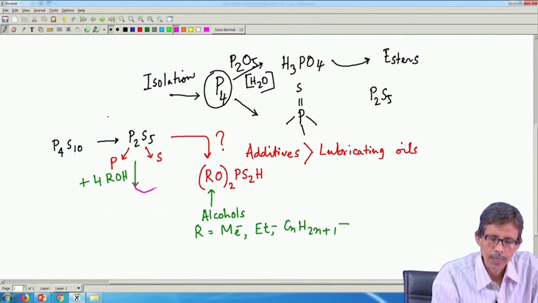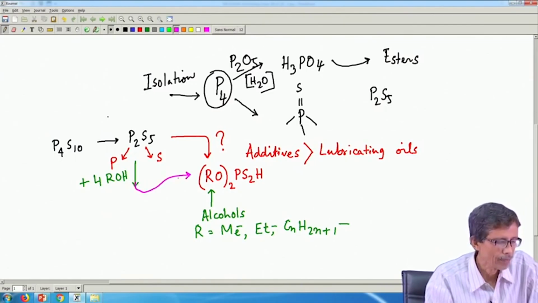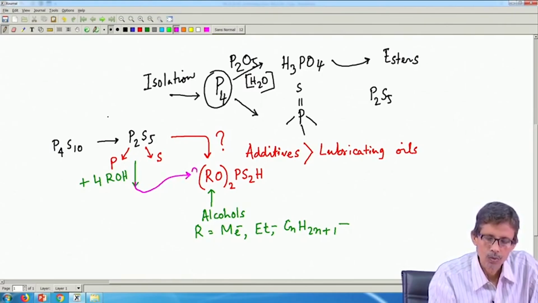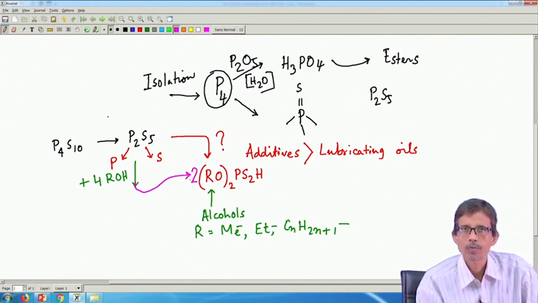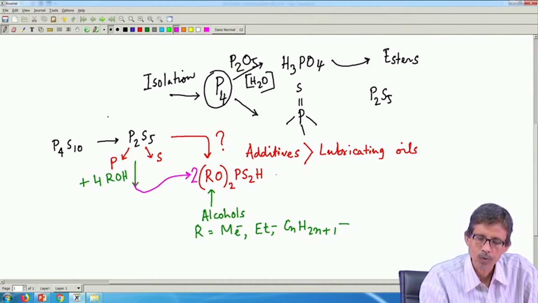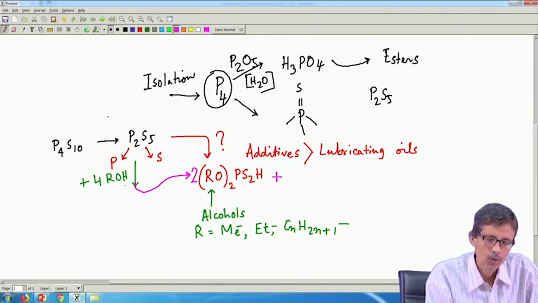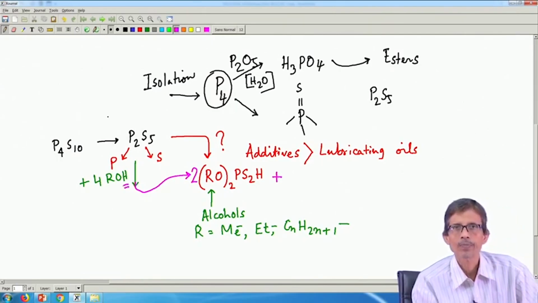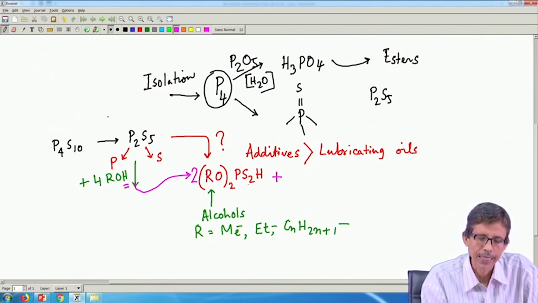So, we can go there directly, twice of this will be forming, and what else will be forming, because you have the hydrogen over here, and that hydrogen will be taking care here only.